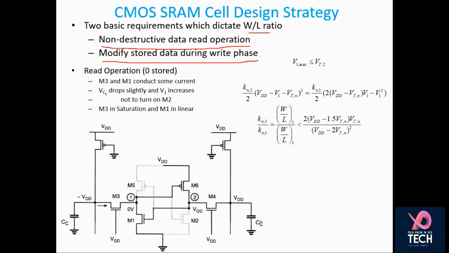If 1 is stored and you want to write 0, then it is called modification. So two things are involved. First, the data read operation should be non-destructive, and second, you should be able to modify the data. This can only be achieved when we have a good W/L ratio. So that's very, very important.